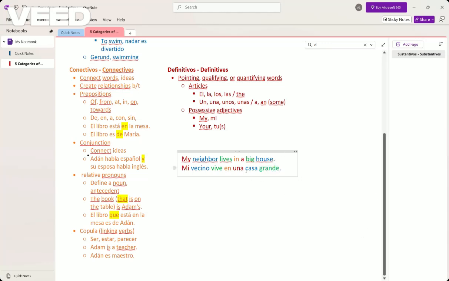So if you don't know what most of these words mean, the important ones are the blue and the green. Second most important would be the orange words. Okay? So mi vecino vive en una casa grande. My neighbor lives in a big house.